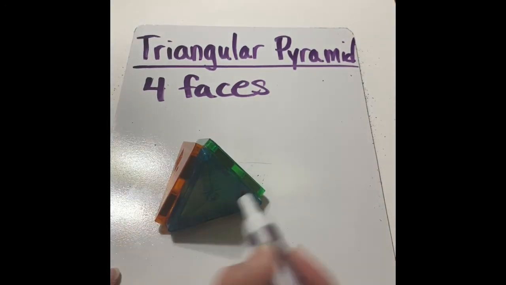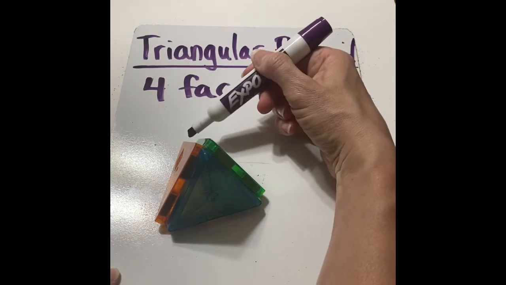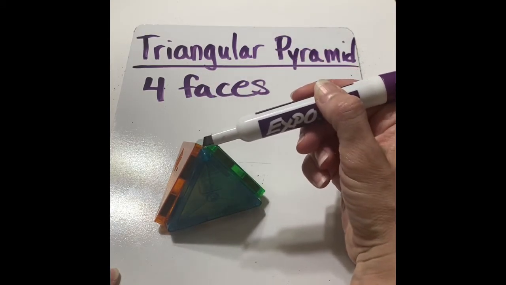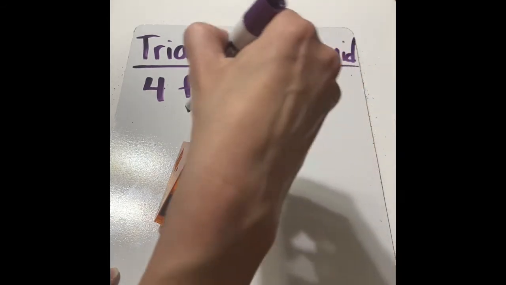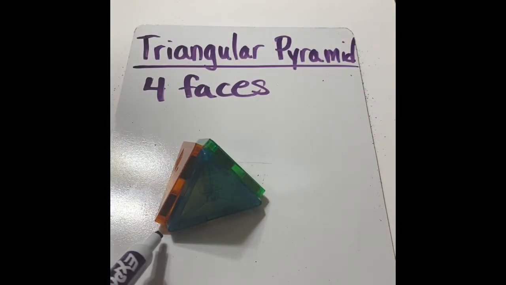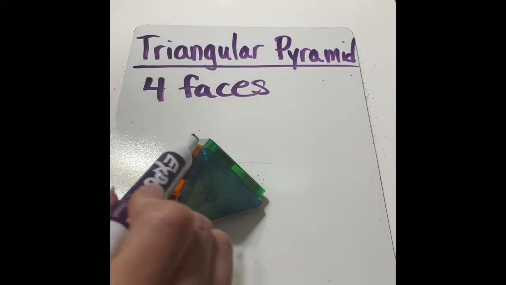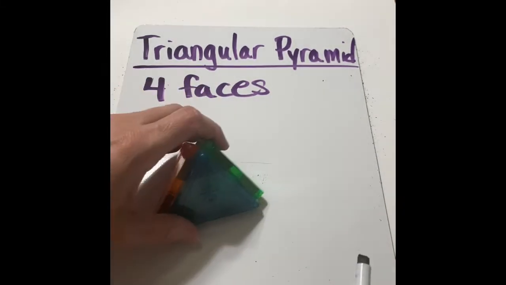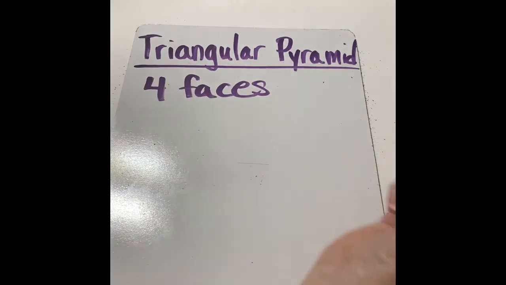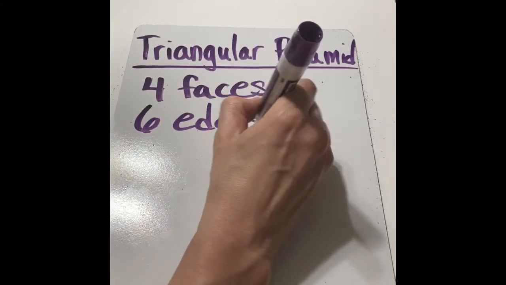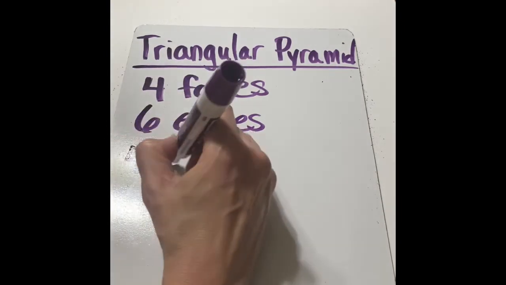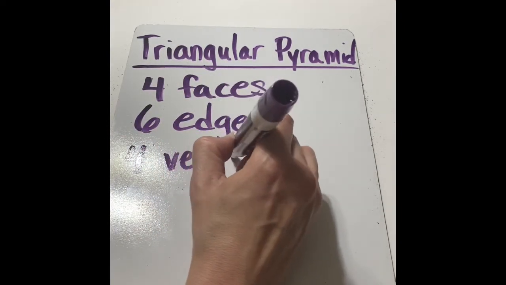We have 1, 2, 3, and 4 vertices, and the edges 1, 2, 3 across the bottom, then 4, 5, and 6. So 4 faces, 6 edges, and 4 vertices.